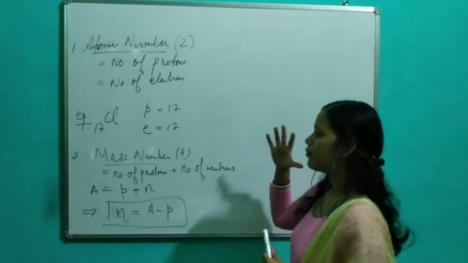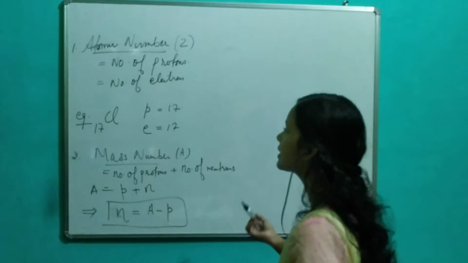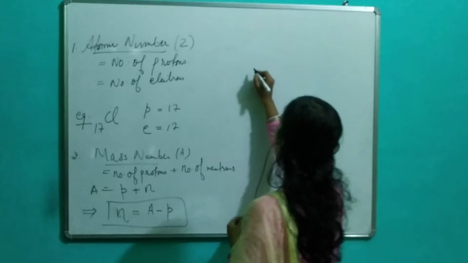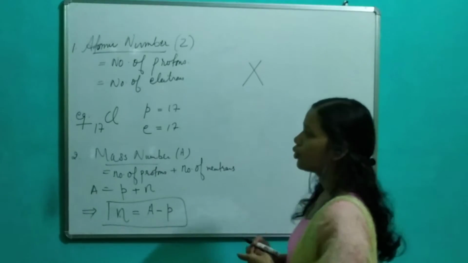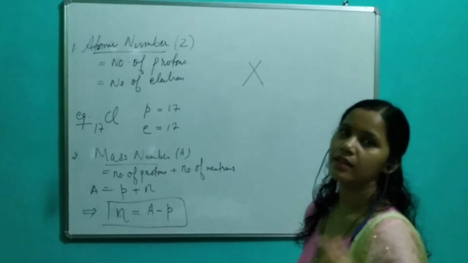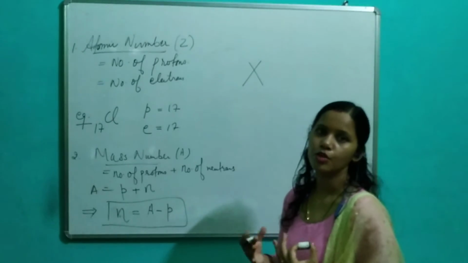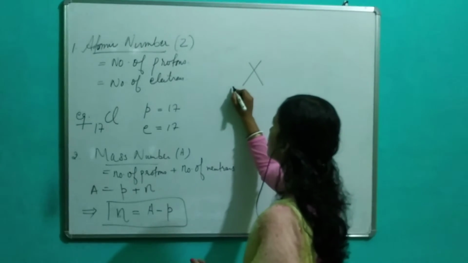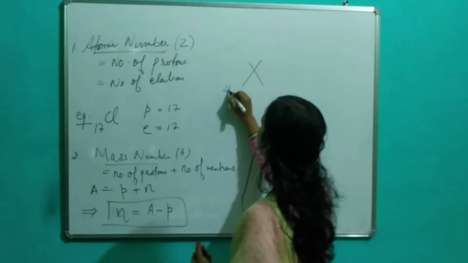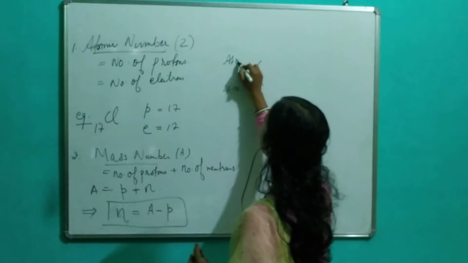Now, next is the symbol of an element. How do we write the symbol of any element? Suppose X is an element. The atomic number and the mass number are represented as subscript and superscript: atomic number on the subscript and mass number on the superscript.